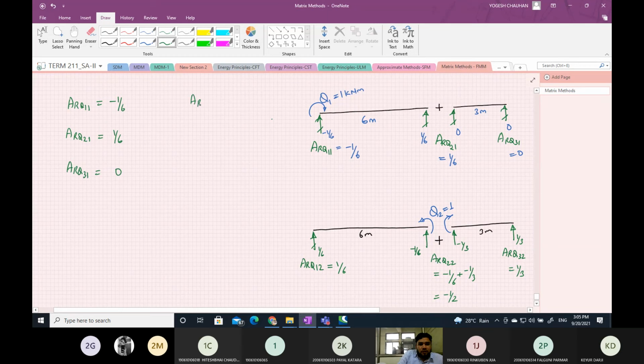Same way here, ARQ12 equals to 1 by 6, ARQ22 as minus 1 by 2, and ARQ32 as 1 by 3.